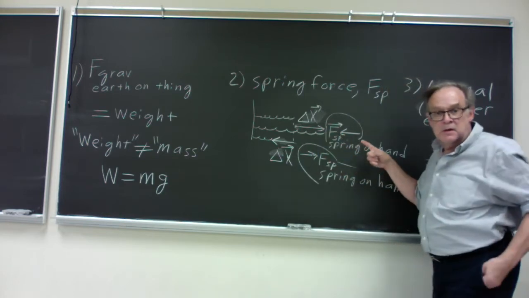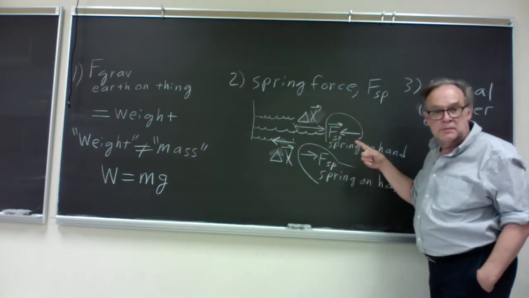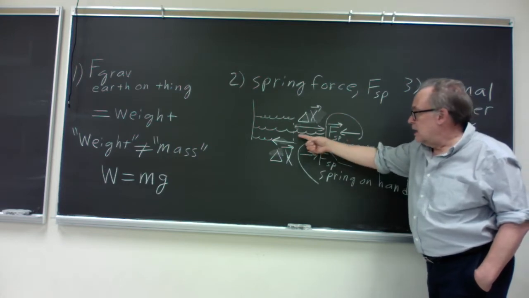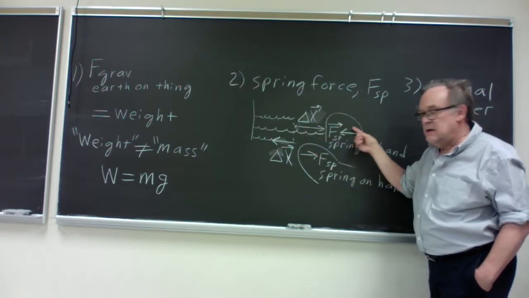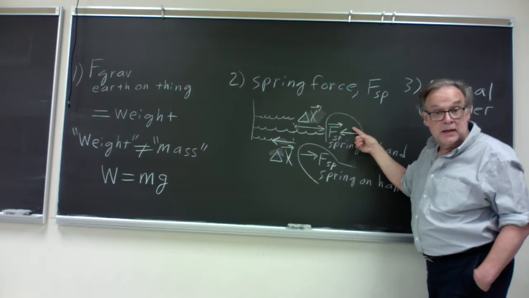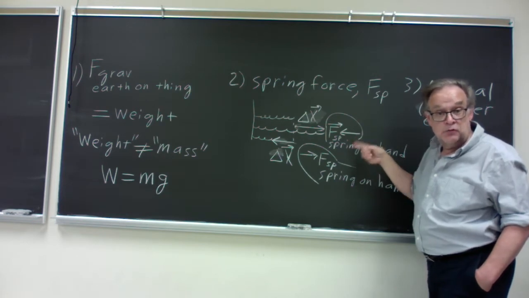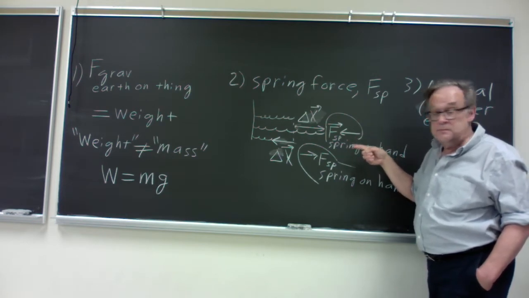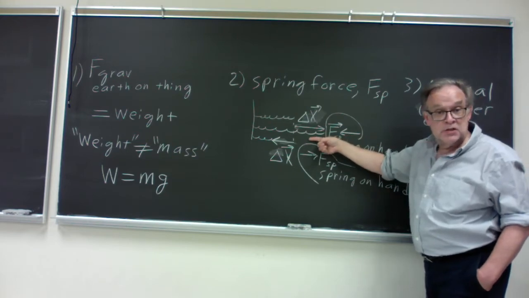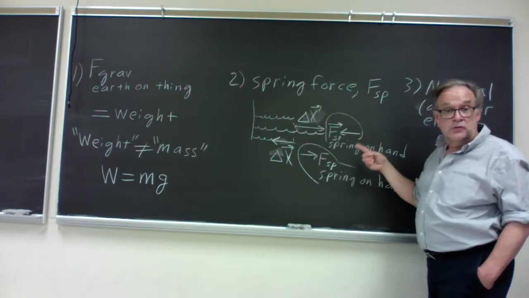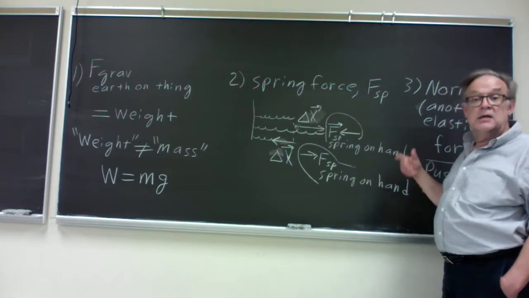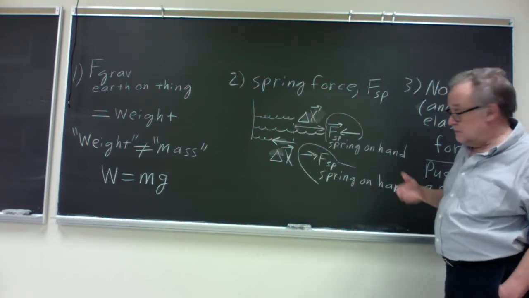It's pulling to the left on me. I pull the spring to the right, and then the spring pulls back on me in the opposite direction. That force from the spring, which comes because the spring has been stretched, the force from the spring on my hand is what we call the spring force.